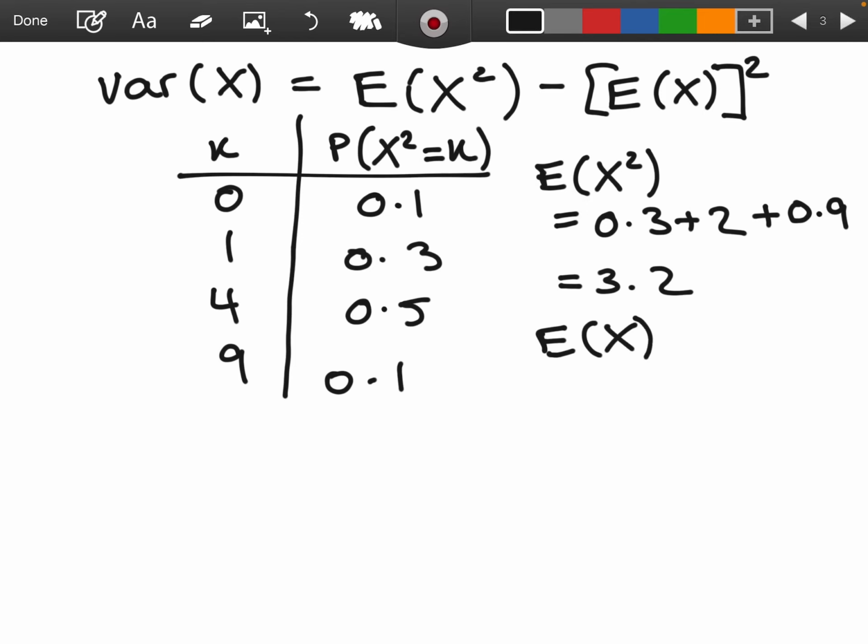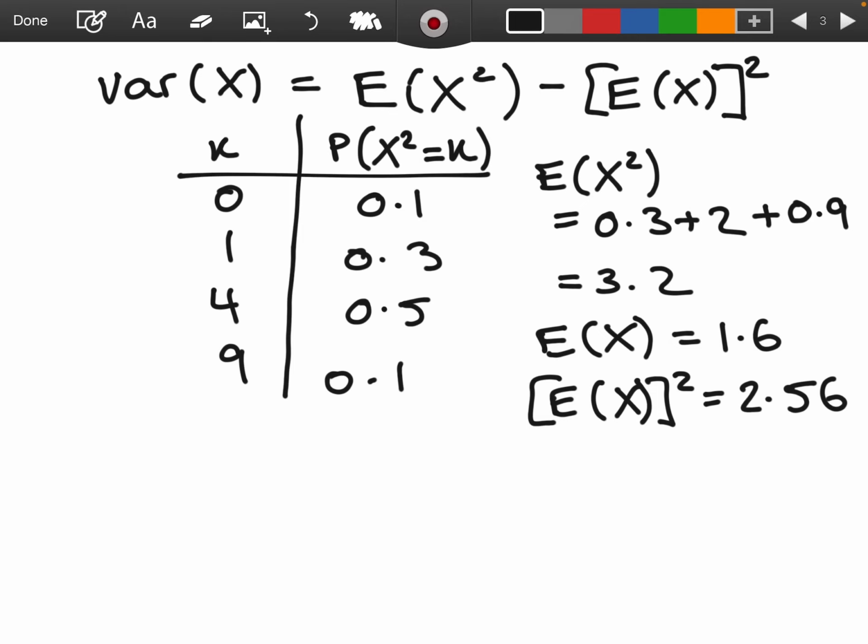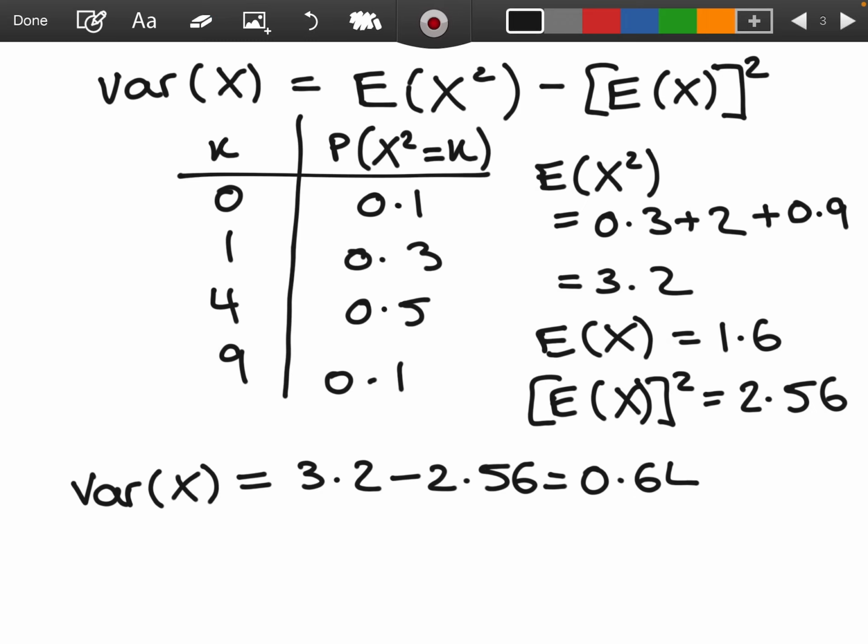And we've already found that the expected value of x is 1.6. If you square that value, you should end up with 2.56. Okay, so now my variance of x is equal to 3.2 minus 2.56, which again comes out to 0.64.